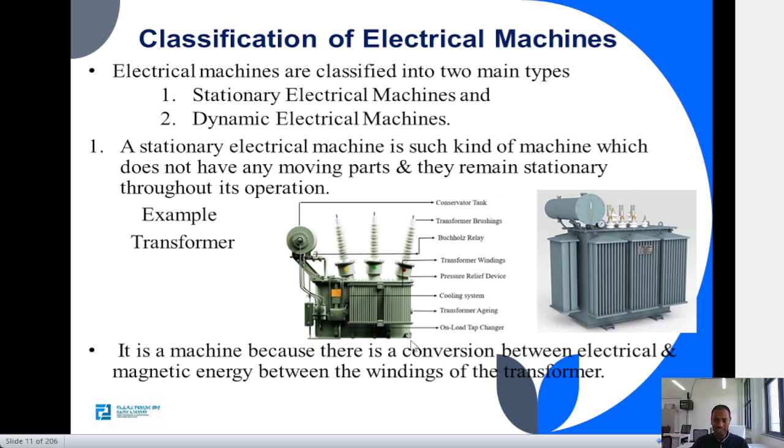Basically, this is a power transformer, because there are different types of transformers. This power transformer converts energy from one form to another.